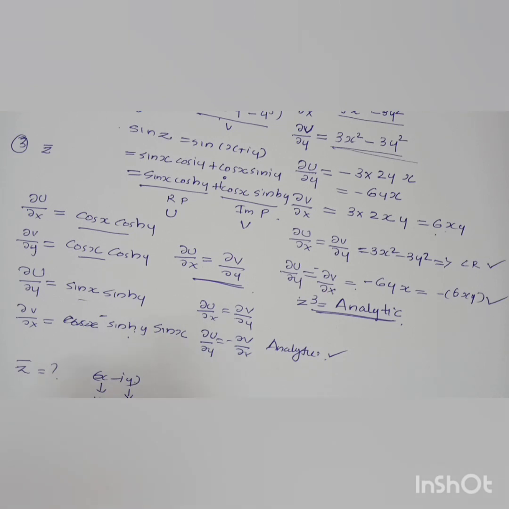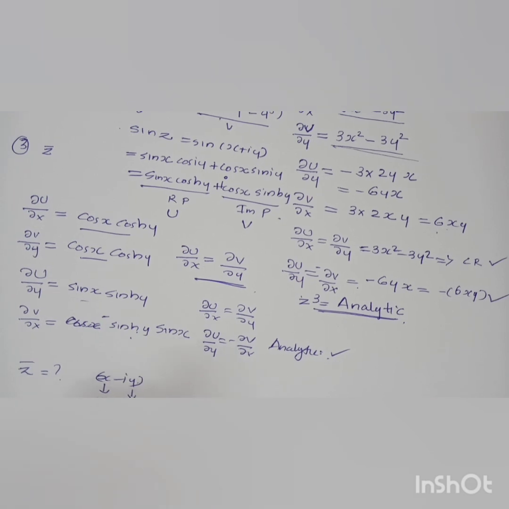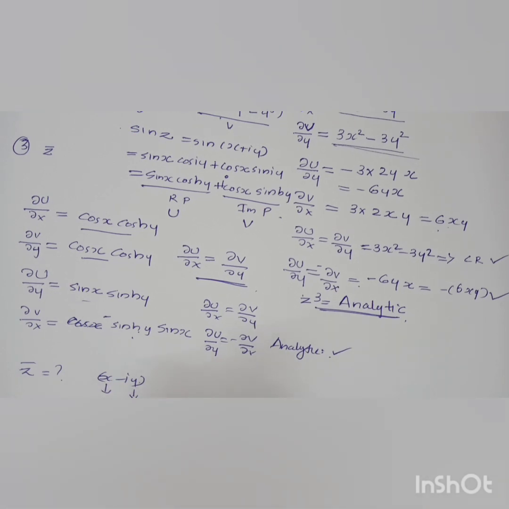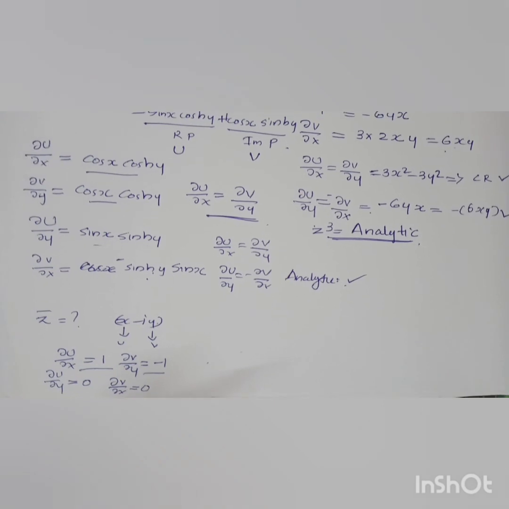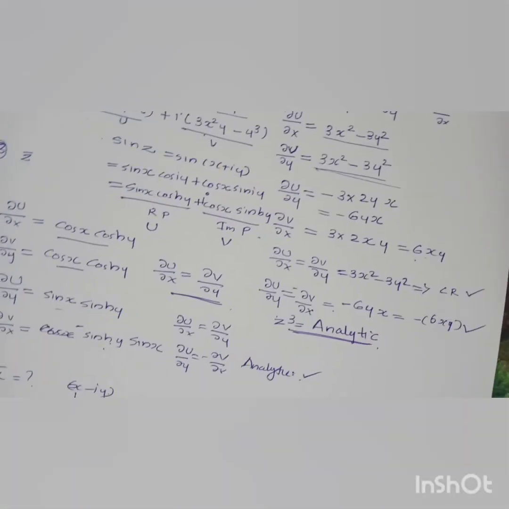So these are not the same, and ∂u/∂y is equal to 0, ∂v/∂x is equal to 0. But since ∂u/∂x and ∂v/∂y are not the same, the condition is not satisfied, and this is not an analytic function. So these are the 3 questions we discussed here.